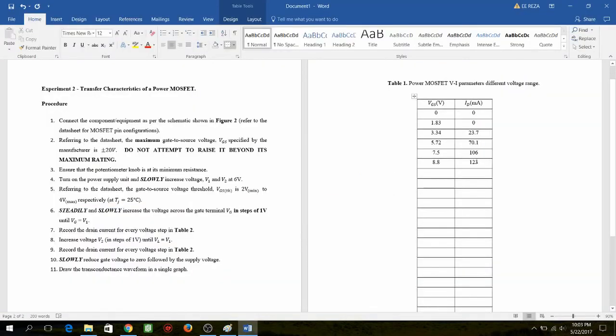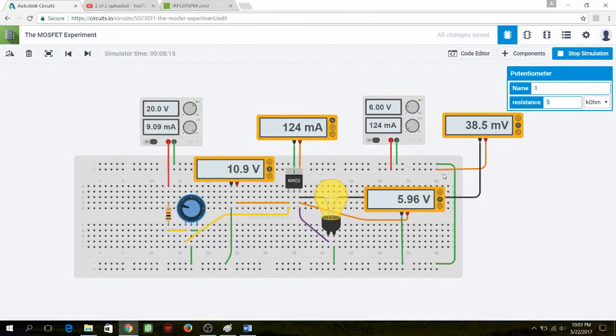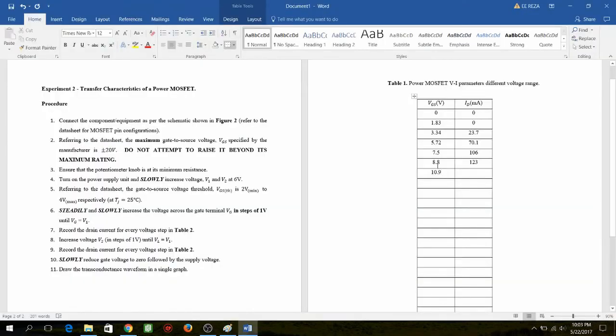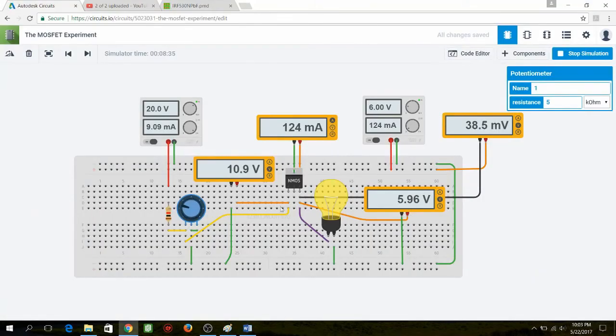At 8.8 we have 123, so at 10 we only have 1 milliamp increase in current. This is 10.9, roughly 1.1 volt increase, and our current is only increasing by 1 milliamp. So already it is saturating.